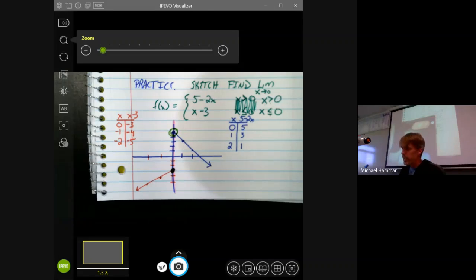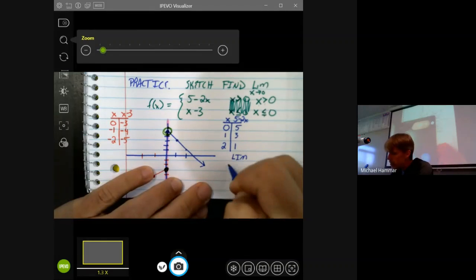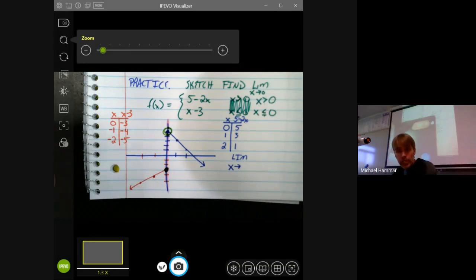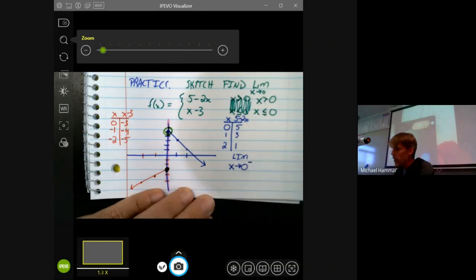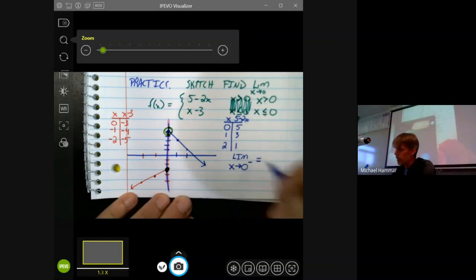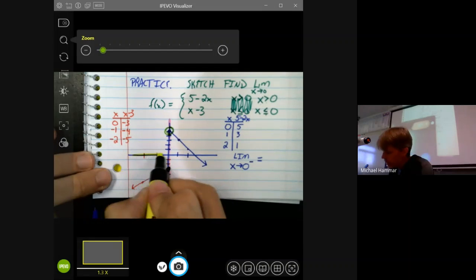Now, let's figure out whether the limit exists, okay? The first thing you have to do if you're going to figure out if a limit exists is find the limit as x approaches the x value we're looking at. So it's x approaches 0 from the left. As x approaches 0 from the left, I'm using this side right here.